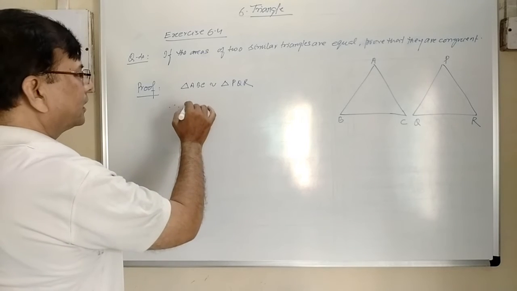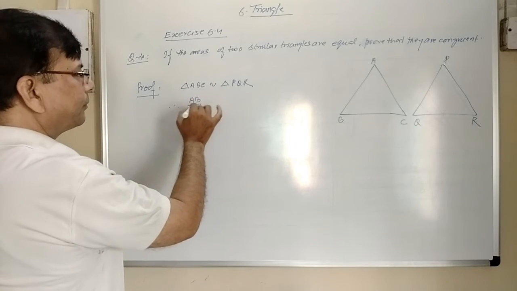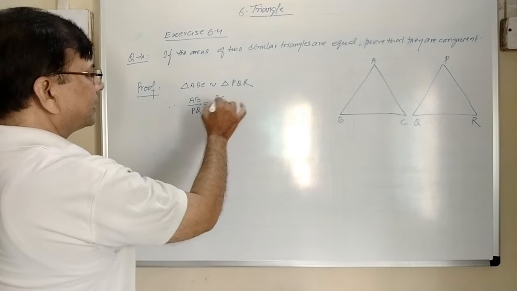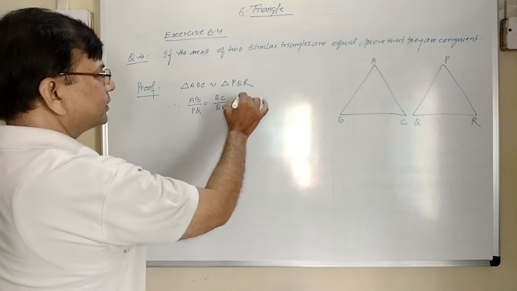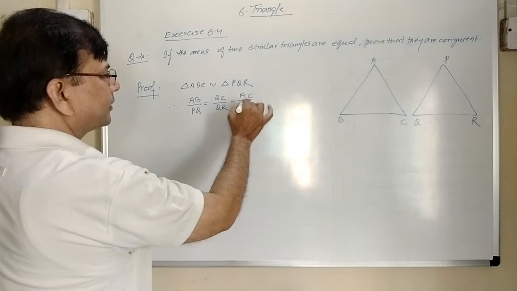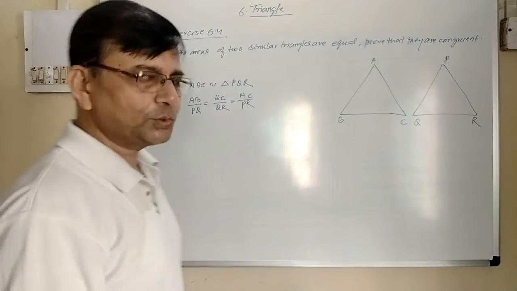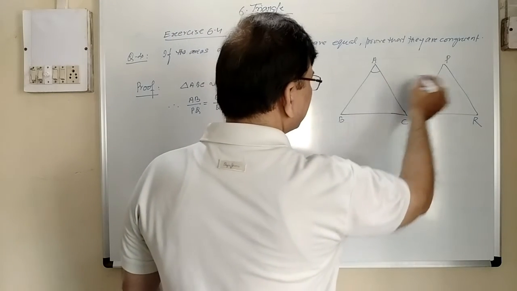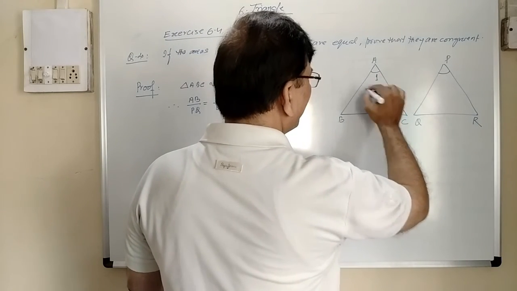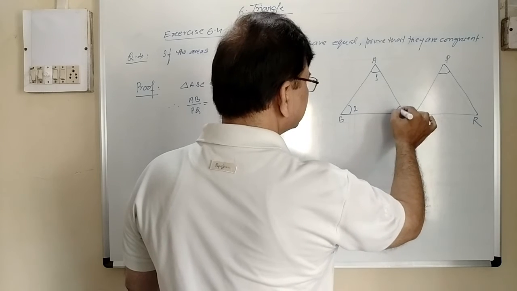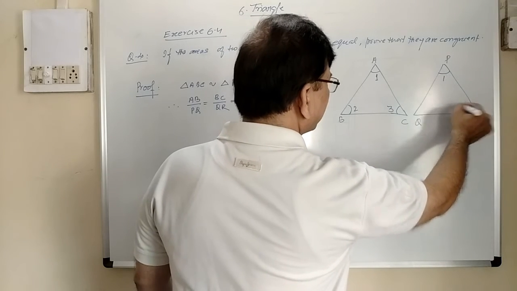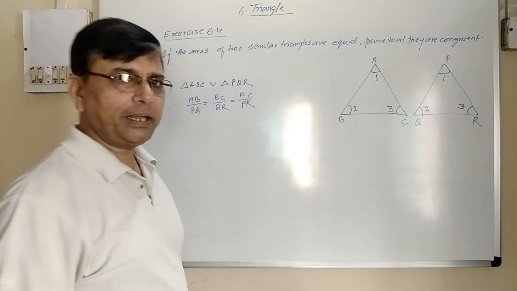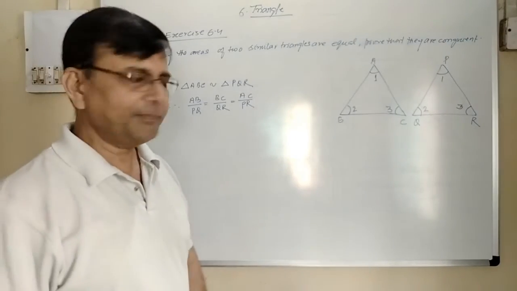Therefore, AB upon PQ is equal to BC upon QR is equal to AC upon PR. Because these two triangles are similar, corresponding angles should also be equal. This is angle 1, this is angle 2, and this is angle 3. Corresponding angles will also be equal just because these two triangles are similar.